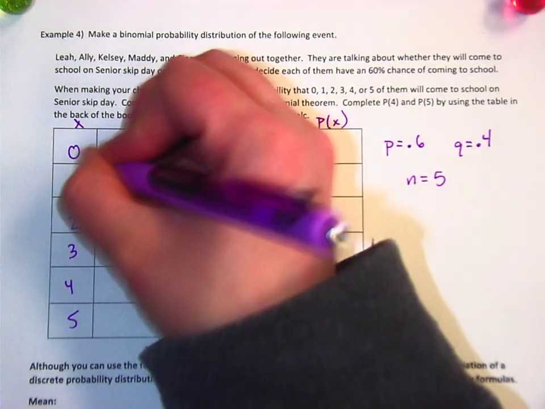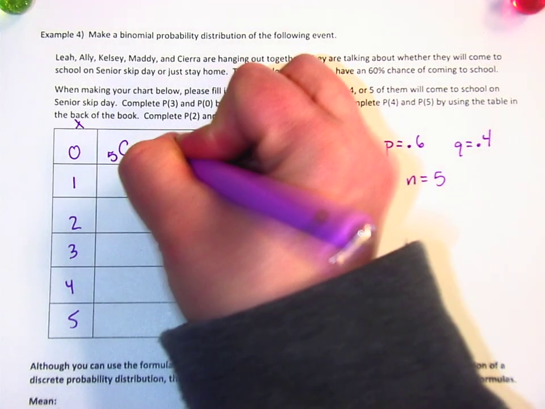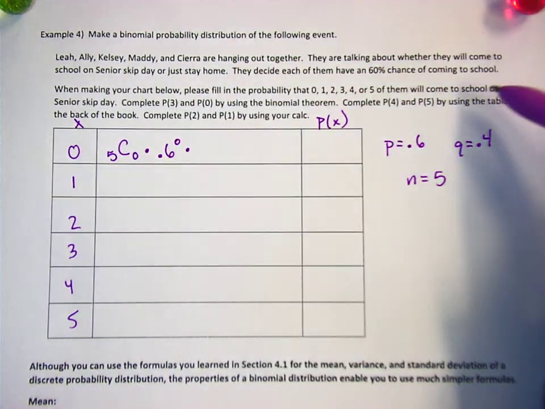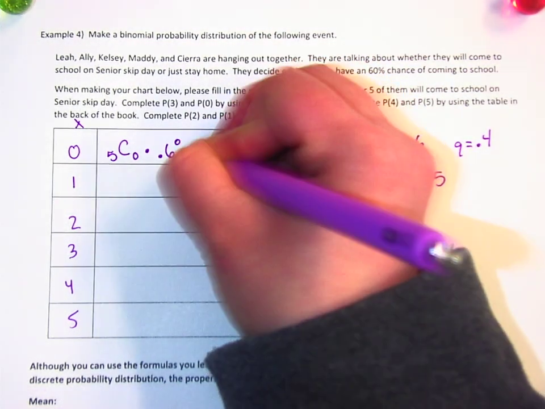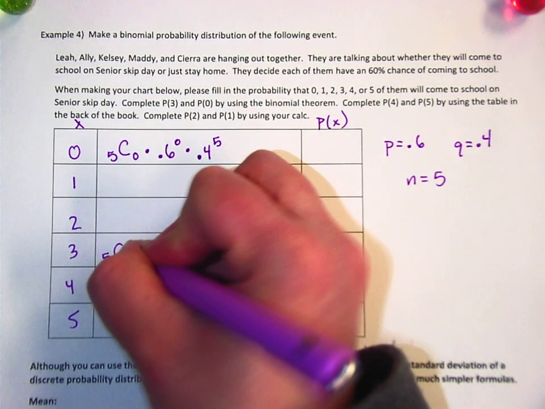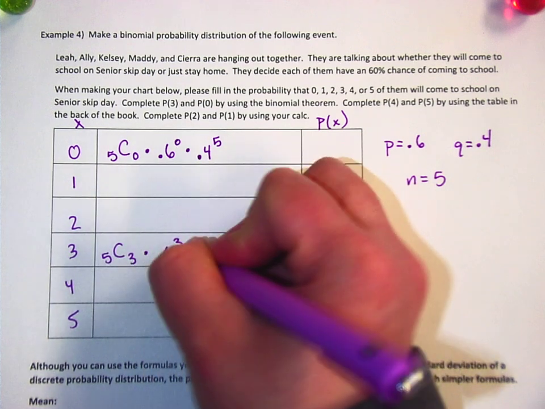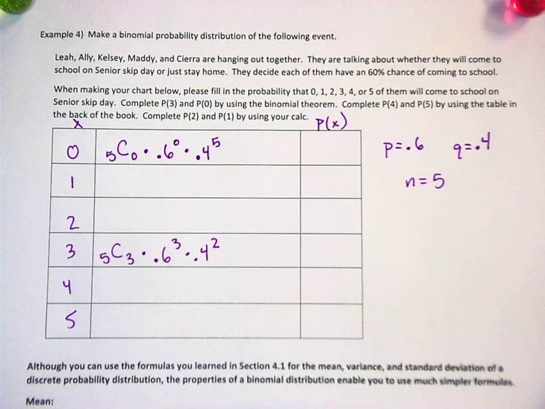And I'm going to do it real fast, hopefully. 5 choose 0 times 0.6 to the power of 0 times, I got to make sure I'm doing this right, 60% chance of coming to school, yes. 0.4 to the 5, that would be all of them are skippers. And then we're doing 3, which is 5 choose 3 times 0.6 to the third times 0.4 squared. All right, 5 choose 3, 0.6 to the third power, and then 0.4.